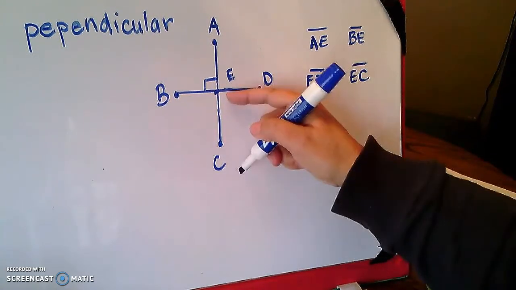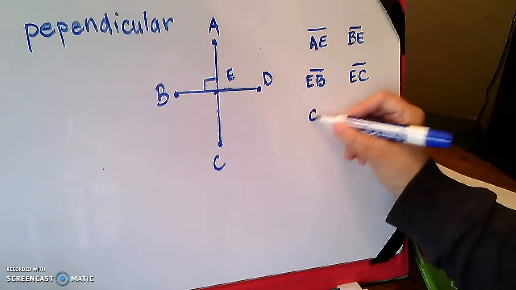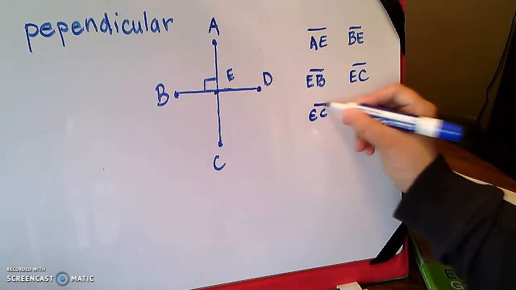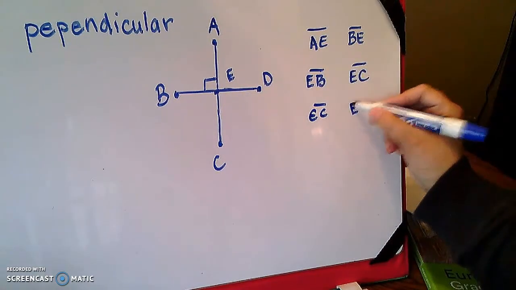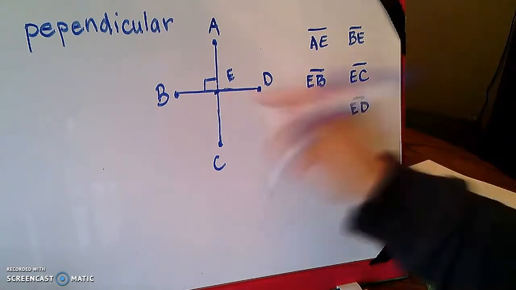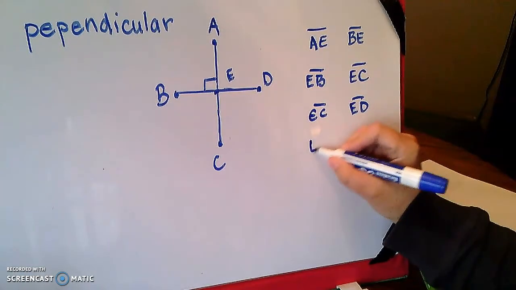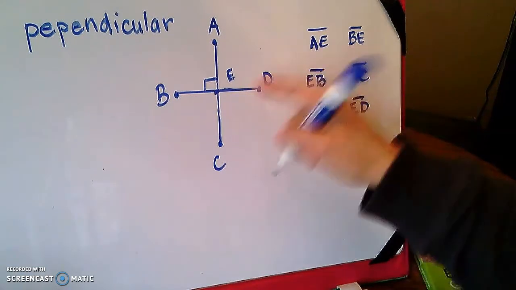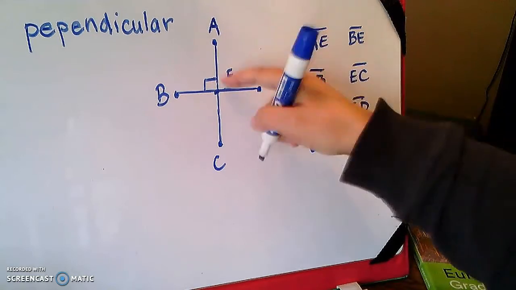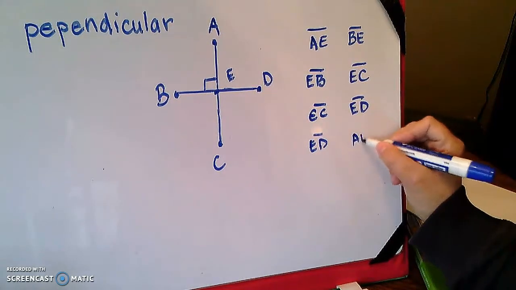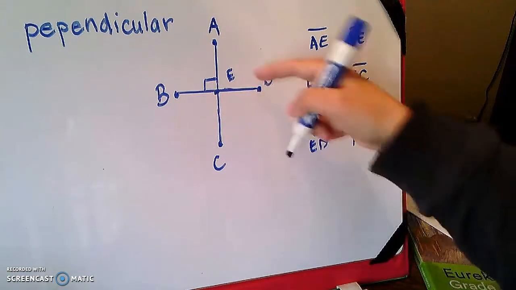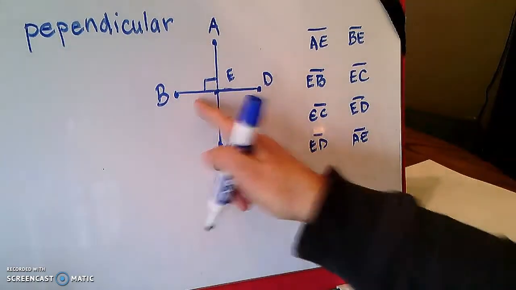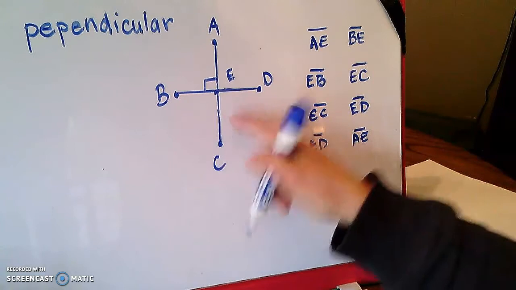Or I could say EC is perpendicular to ED. And I can also say ED is perpendicular to line segment AE. So I've gone all the way around this figure and labeled all of the perpendicular line segments.